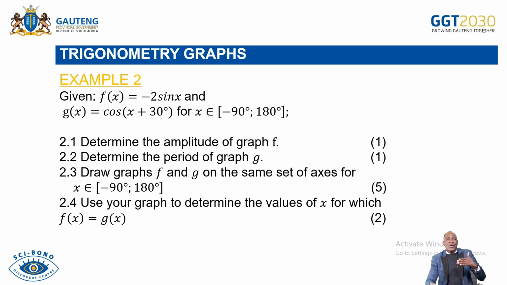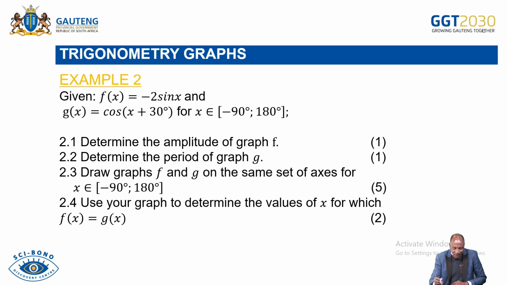So our amplitude is reliant very much on the coefficient of the function. The coefficient of the function in this case, if we look at the absolute value, is a positive 2. So our amplitude will then become a positive 2.